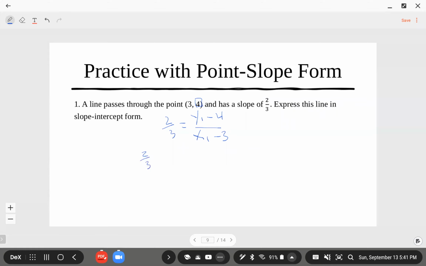So it'd be 2/3 times the quantity x minus 3 equals y minus 4. So we get 2/3 x minus 2, okay, and then that equals y minus 4. So then we have to move the negative 4 to the other side. We get y equals 2/3 x plus 2, okay, plus 2. So that is our slope-intercept form, okay.